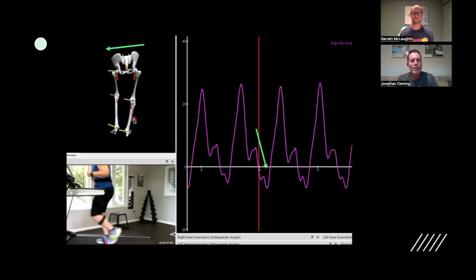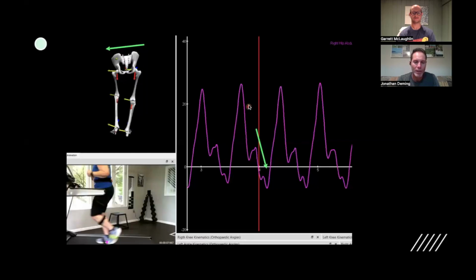So as she's coming down, loading all of her weight on that right limb, the left hip is dropping. So there's something not holding this side up to keep her level. And visually on the kinematic graph of her right hip, this purple line is right hip abduction.